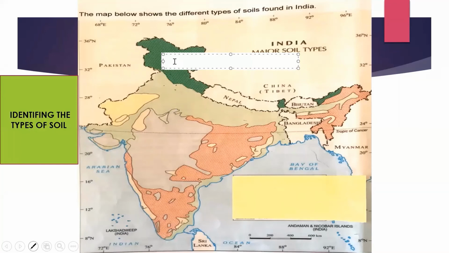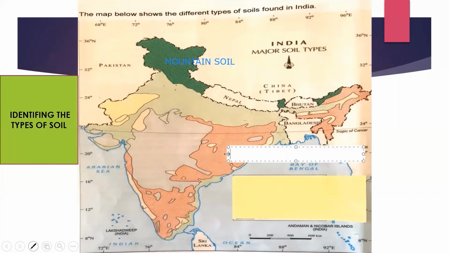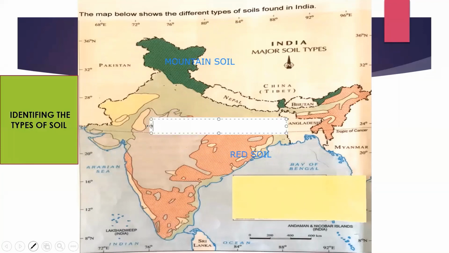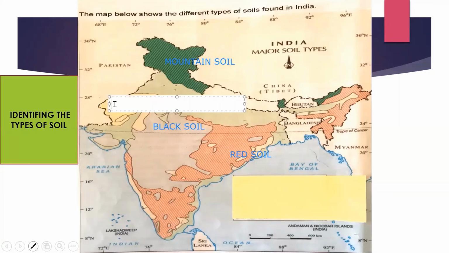Okay, the green color indicates the mountain soil and this orange color indicates the red soil and this one indicates the black soil, and here comes the arid soil, and which is left now is laterite soil.